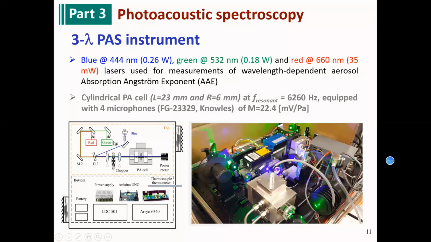The light is modulated at 6,000 Hz, and this modulation frequency is the fundamental resonant frequency of the photoacoustic cell. And 4 microphones are installed in the photoacoustic cell to measure the acoustic signal. At the bottom of the instrument are the diode laser controller, power supply, and other electronic devices. And this figure shows the developed three-wavelength photoacoustic instrument.